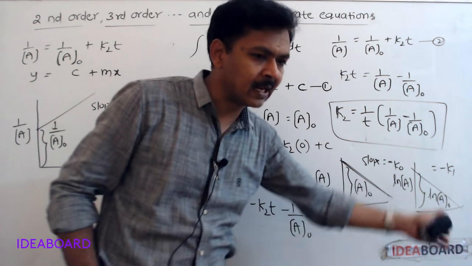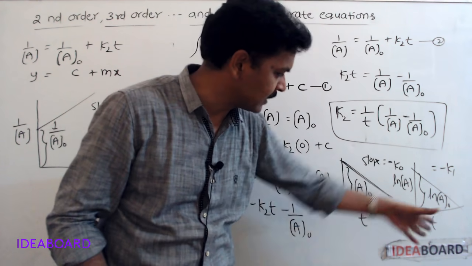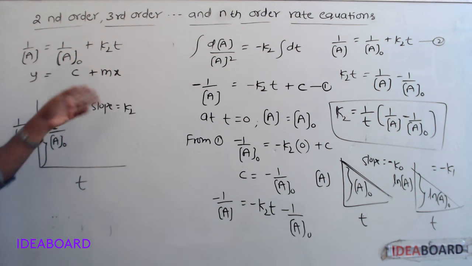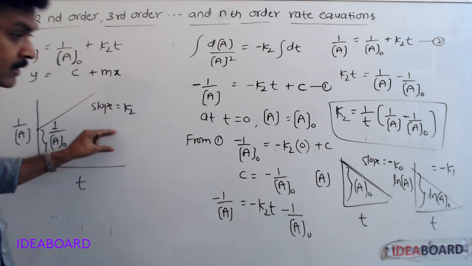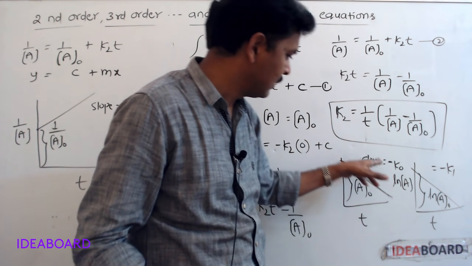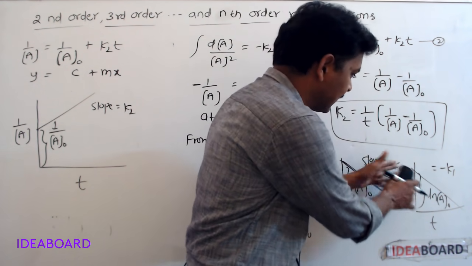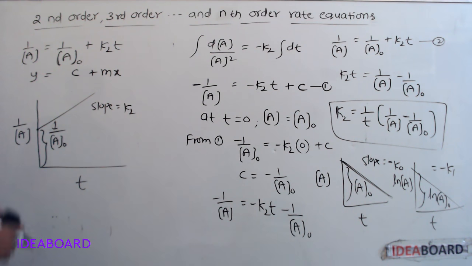Already I have explained these graphs. This is for zero order reaction, this is for first order reaction, and like that for second order reaction, 1 by A concentration versus time gives a straight line, but here the slope is positive. In case of zero order and first order reactions, the slope is negative: minus k naught, minus k1. But here the slope is positive, k2.